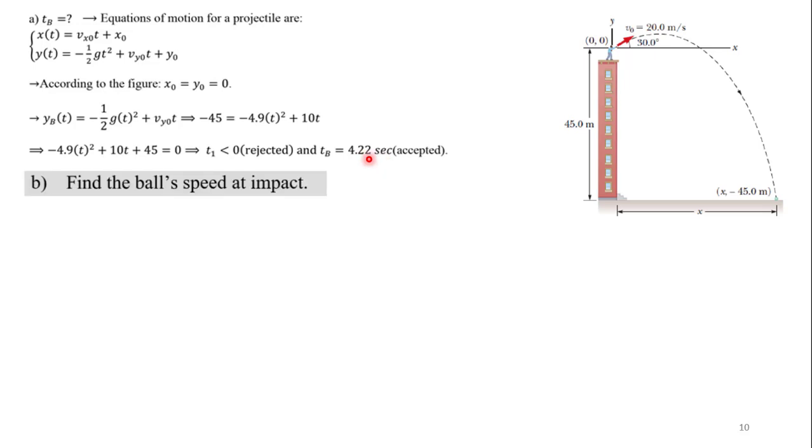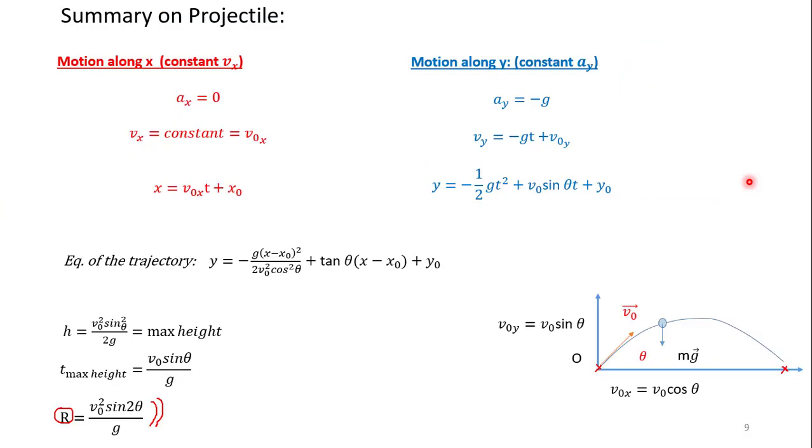Now question B. Find the ball's speed at impact. At impact means when the ball hits the ground. Now we want to find VB. Since we found TB, we need to find VB. What do we need to find, Vy or Vx? In fact both.